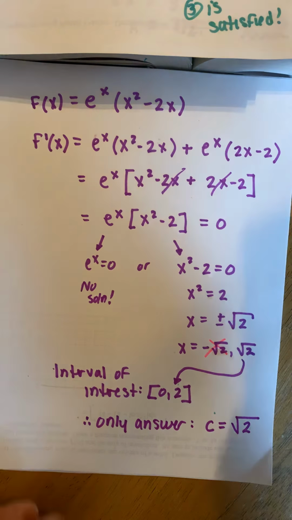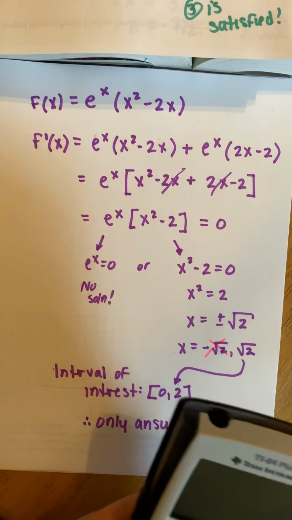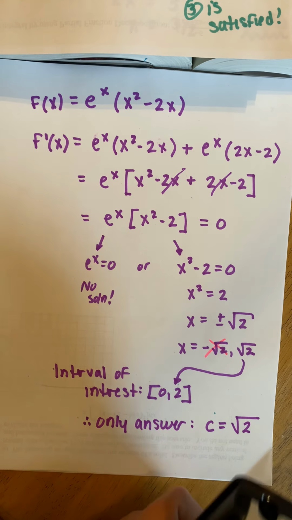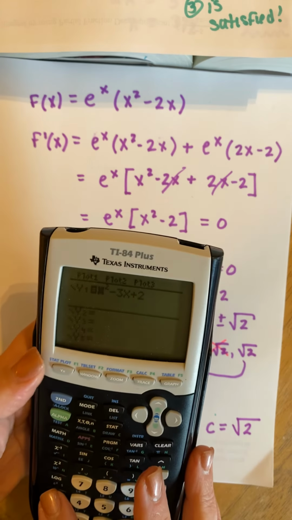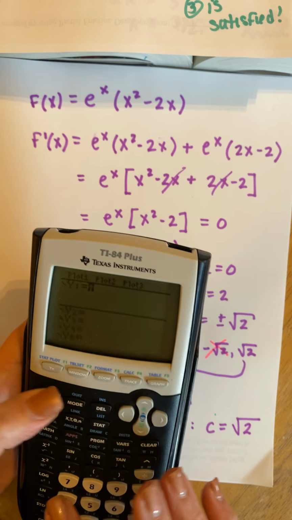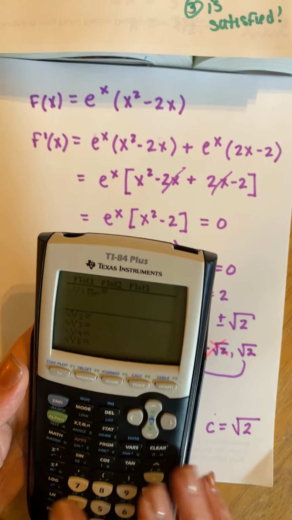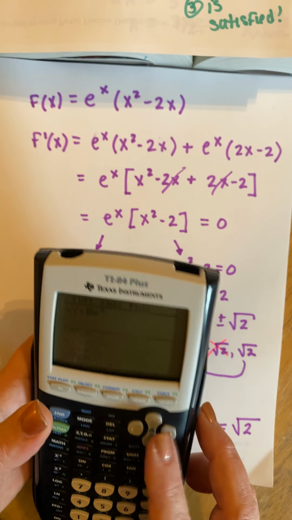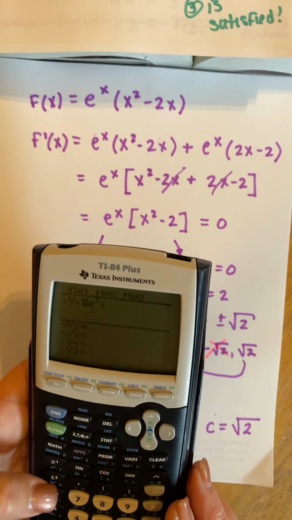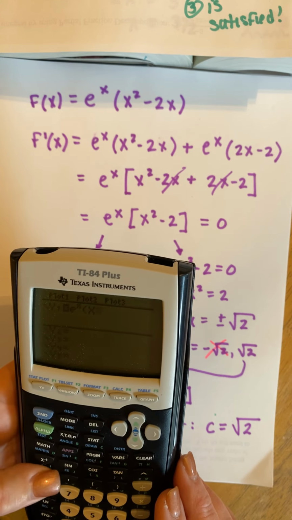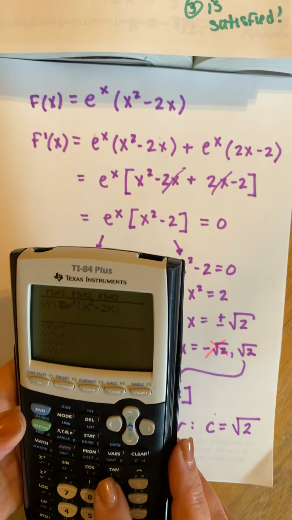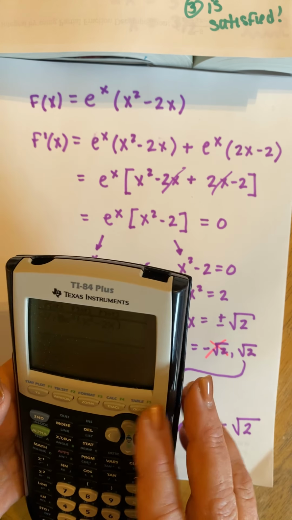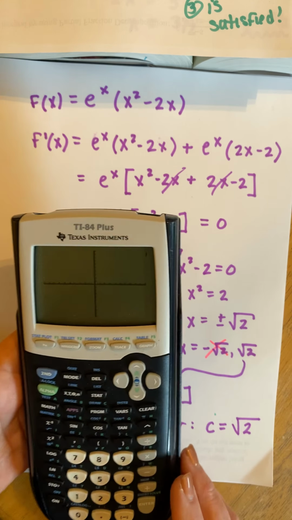So let's see if I can take a minute and get this into our calculator. I'm going to plug in the original function y equals e to the x, and then we're going to do x squared minus 2x. I'm going to close, and I'm going to go to Zoom Standard. Do my standard viewing rectangle.